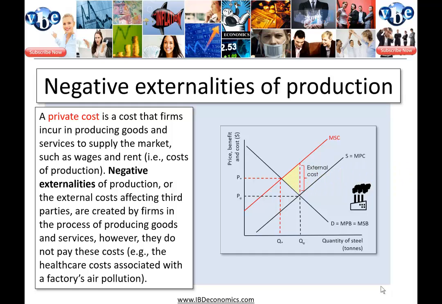This is the external cost to society. There's a loss of welfare because the good is overproduced and overconsumed. So the free market price is lower than the social price, and that results in the good being underpriced and overconsumed.